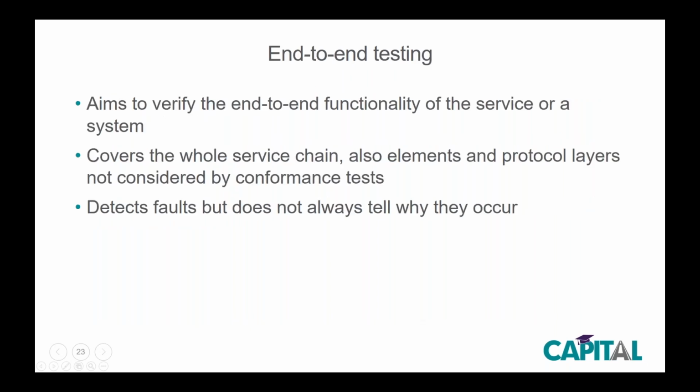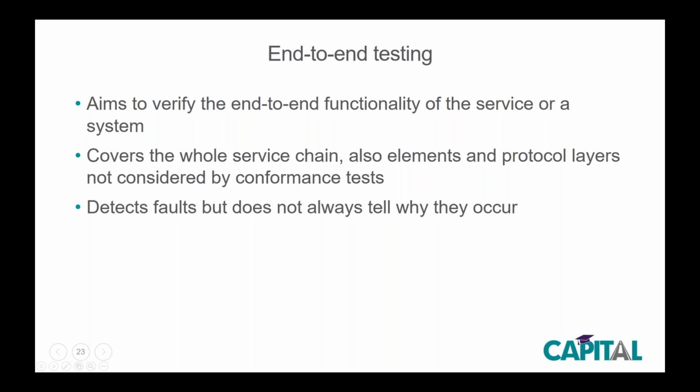Then to end-to-end testing. In addition to conformance tests and interoperability tests, it is possible to perform end-to-end tests. Conformance tests usually focus on a specific part of a system, for example, implementation of a single protocol or one component or one element of the service chain.